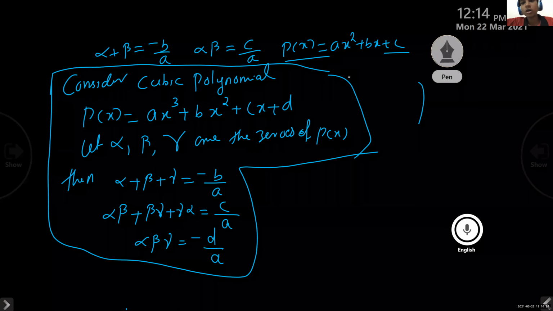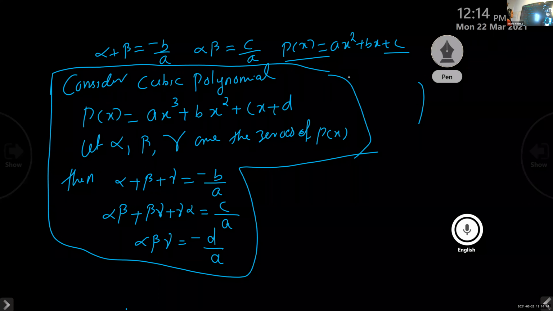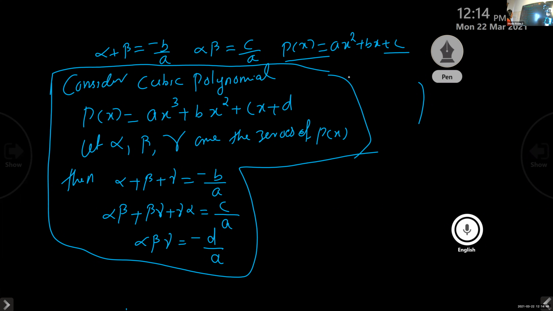Ma'am, what do we write 3 times? First you write p of x. P of x equal to ax cube plus bx square plus cx plus d. Then alpha plus beta plus gamma equal to minus b by a. Alpha beta plus beta gamma plus gamma alpha equal to c by a. And alpha beta gamma equal to minus d by a. That also you have to write.